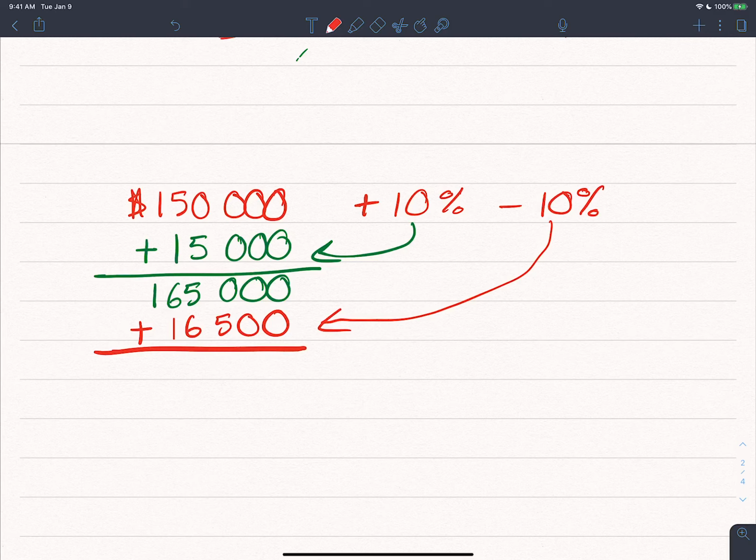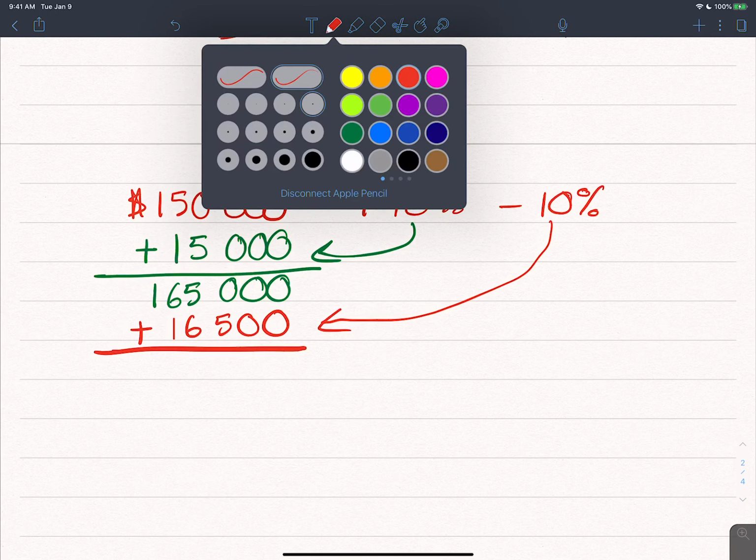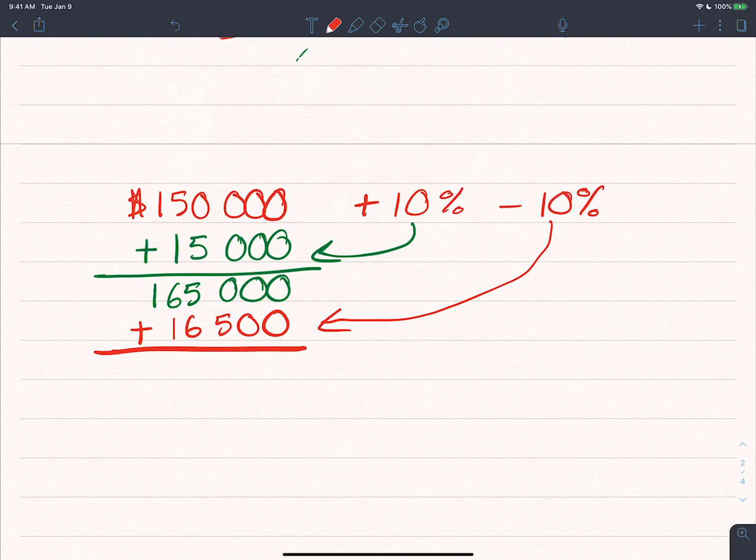But the problem is, if you see here, when we did 10% the first time, we did 10% of 150,000. But the second time, we did 10% of 165,000. So when we do this subtraction, we would actually be losing. So wouldn't that be minus 16,500?